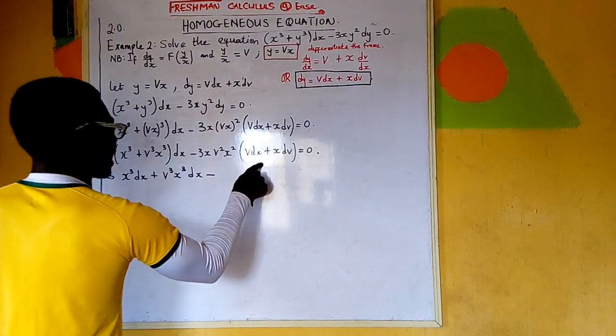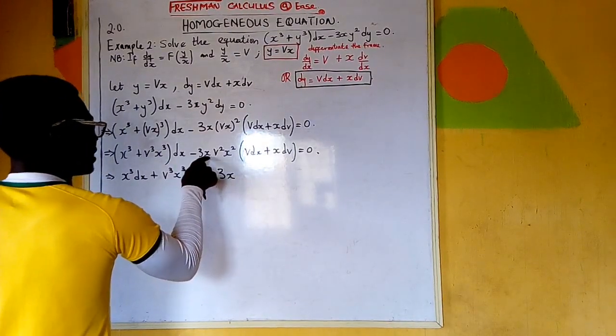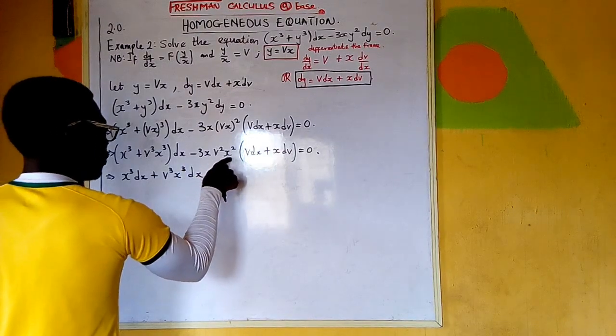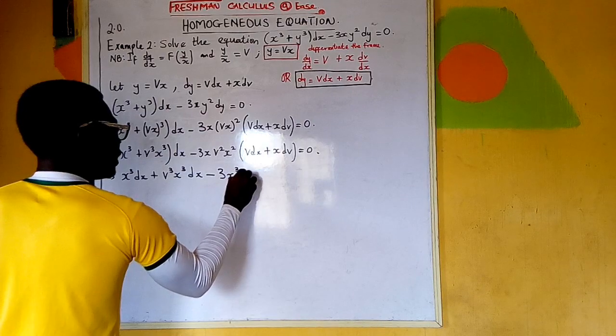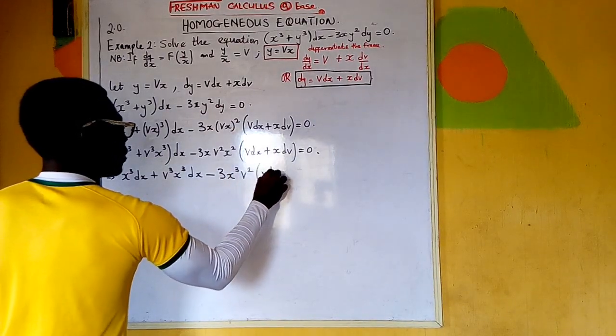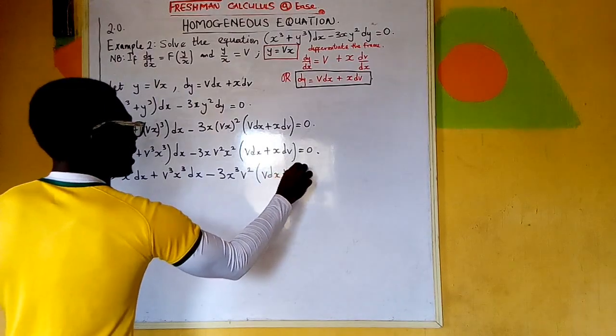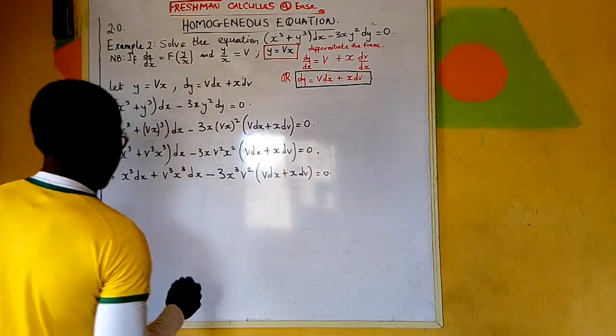Use this to multiply this. I have 3x. Remember, this is x here, this is x squared. So this gives me x cubed v squared. Then let me do that one after the other, plus x dv is equal to 0.